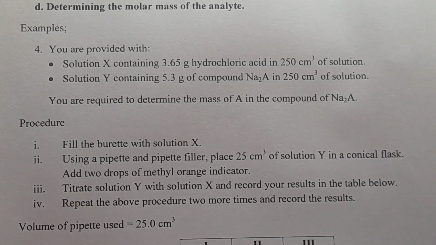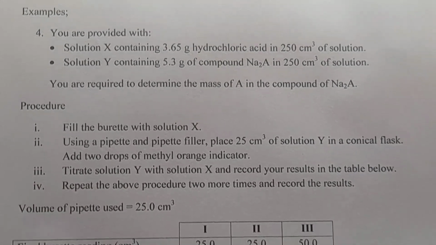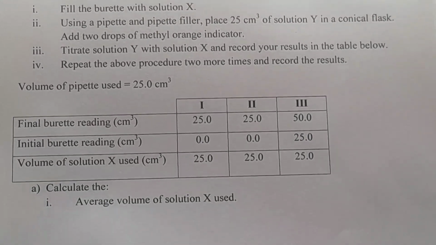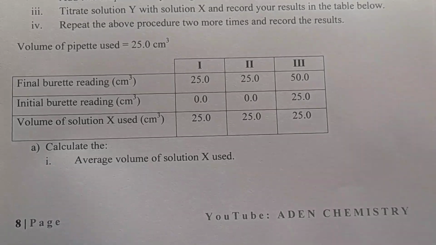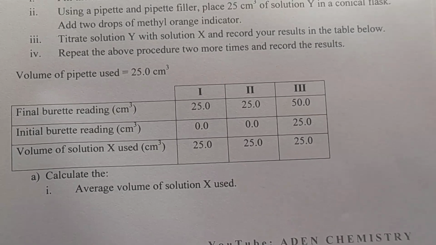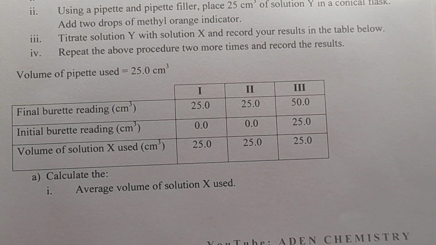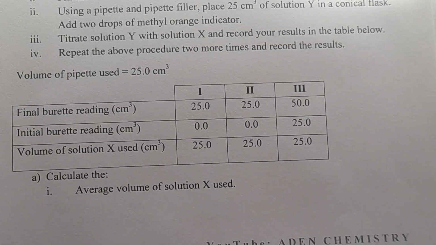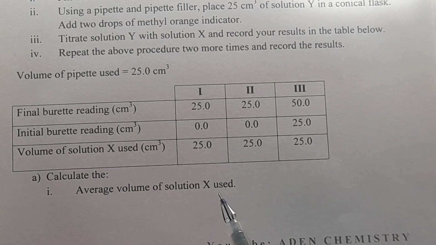So we are given the volume of the pipette used, it's 25.0 cm³, and we have here the titration table. We have 3 titrations, then the volume of solution X used in cm³. So Roman A of the question, we are told to calculate, Roman 1, the average volume of solution X used.